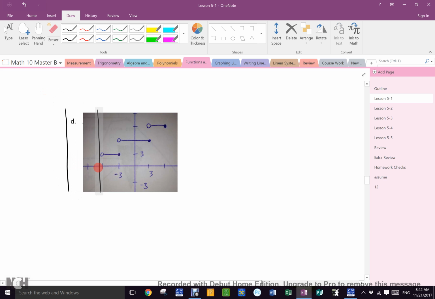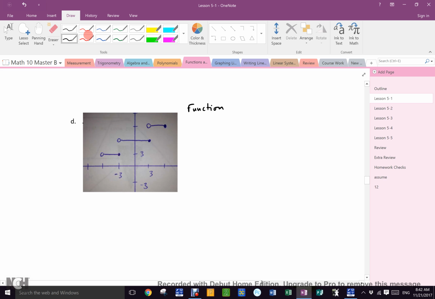Slide it along. Am I okay? Okay. What happens there? It looks like I hit 2. But you didn't because that's an open dot. So does that spot really exist? No. So are we okay here? Yes. So we're still a function.